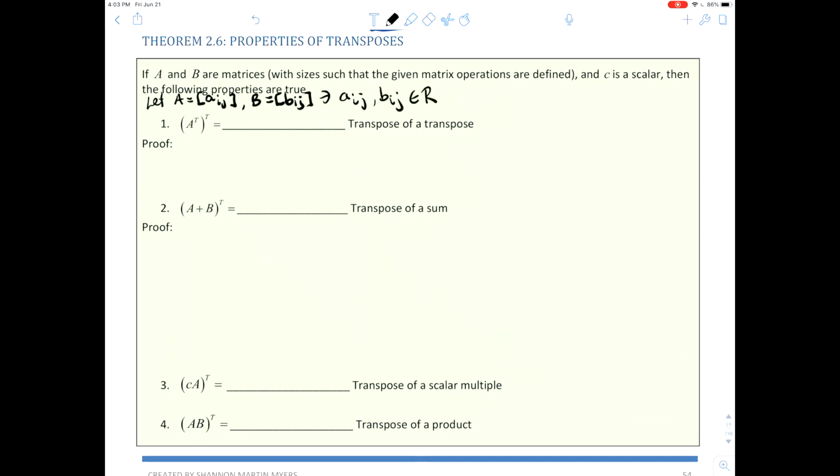We don't know what they're bound by, what i and j are bound by, so we'll just keep it simple here. And then we also want to let c belong to the real numbers since it's a scalar.